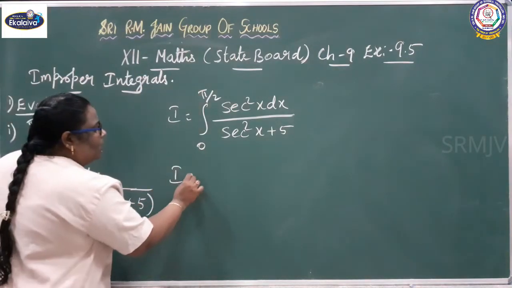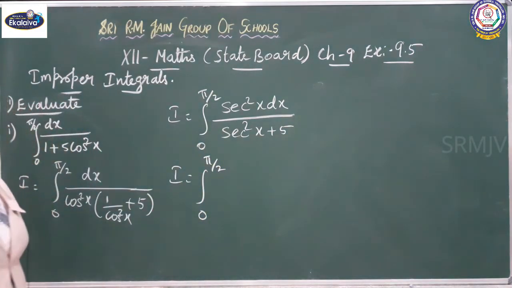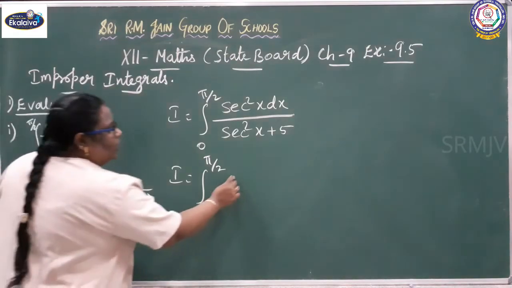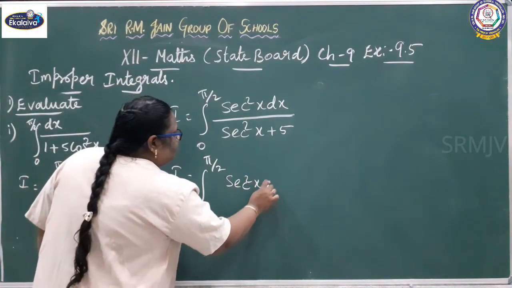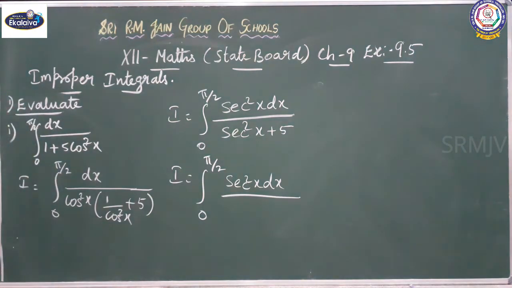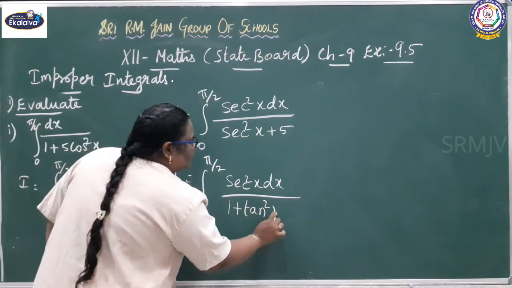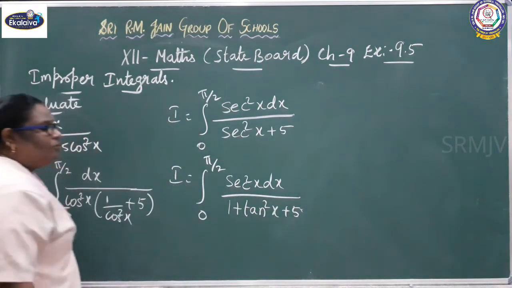So, I equal to integral 0 to pi by 2 secant square x dx by, what is secant square x? 1 plus tan square x, 1 plus tan square x plus 5.